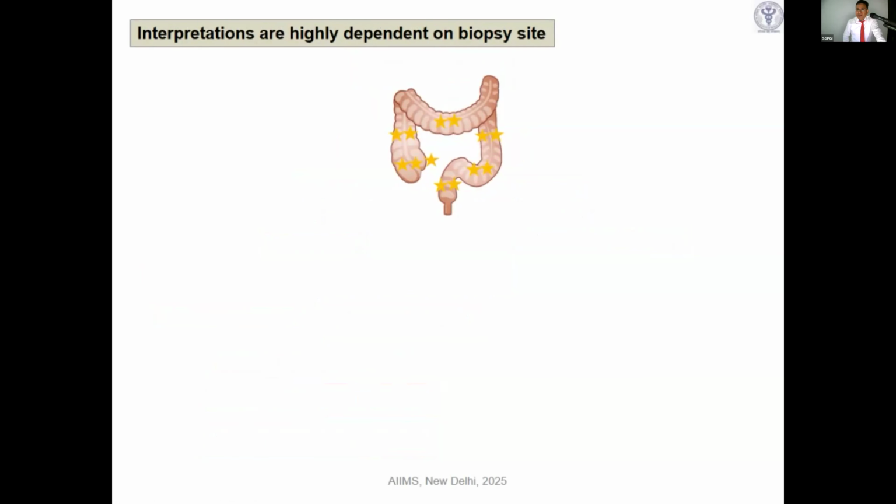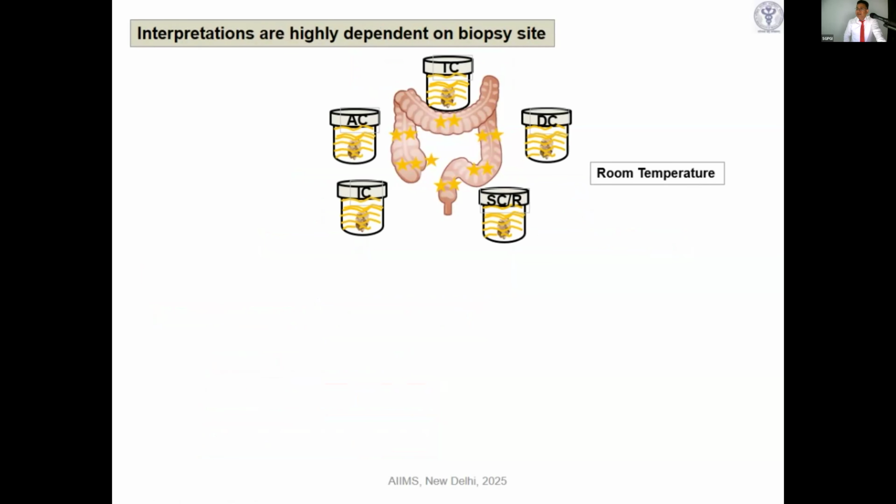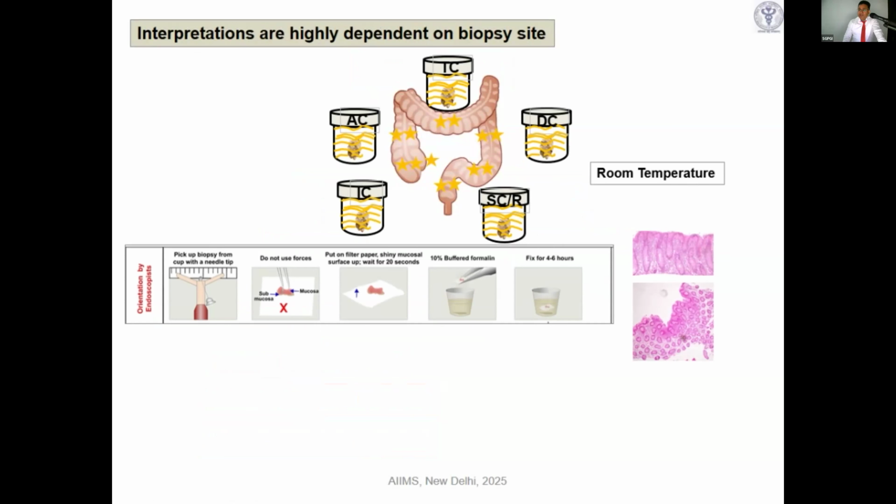So as a pathologist, you have to always guide your clinician that it is best if the segmental biopsies are separately labeled and separately sent to us. That is very important. It is also important to get the biopsies mounted on filter paper. That is usually not done.